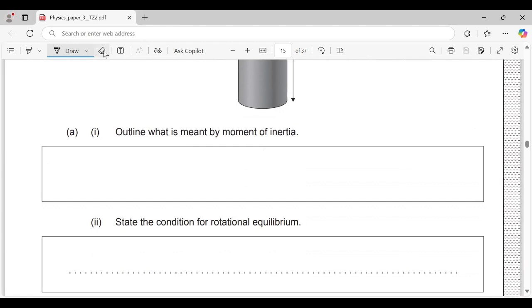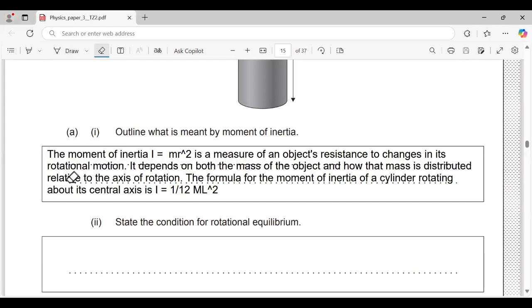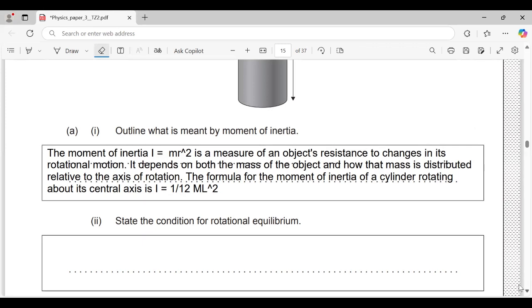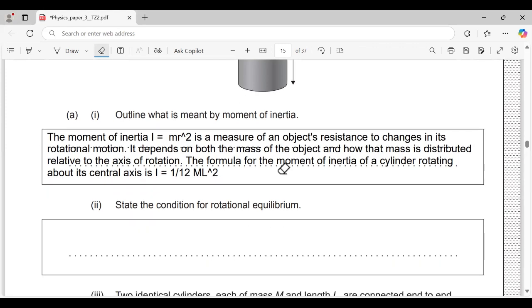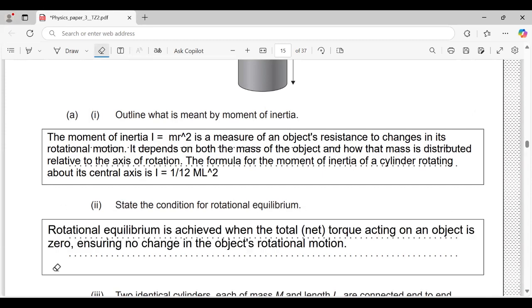I have provided my brief explanation. You may copy or add something into this explanation. State the conditions for rotational equilibrium as well. I have provided my explanation.